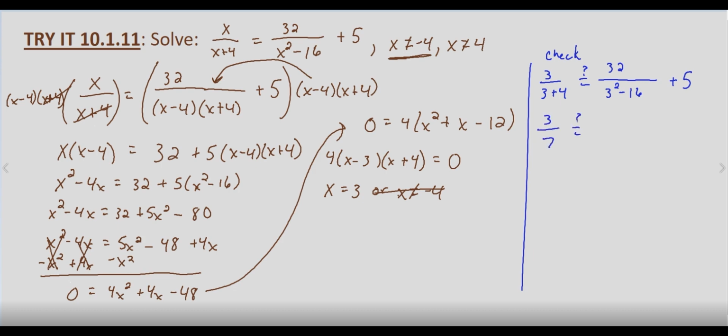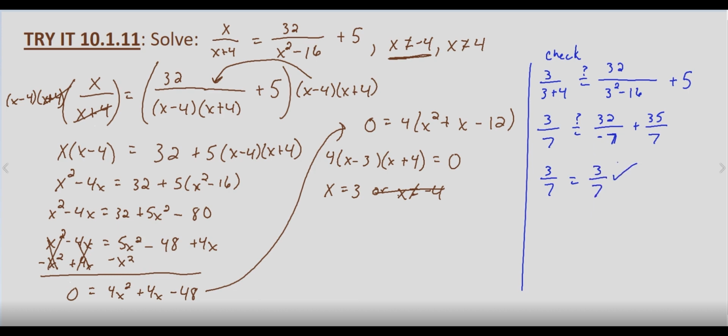Does that equal 32 over 9 minus 16, which is going to be negative 7. Plus, if we multiply 5 times 7, that's 35 over 7. And then 3/7 equals, this is negative 32/7 plus 35/7, which is 3/7.